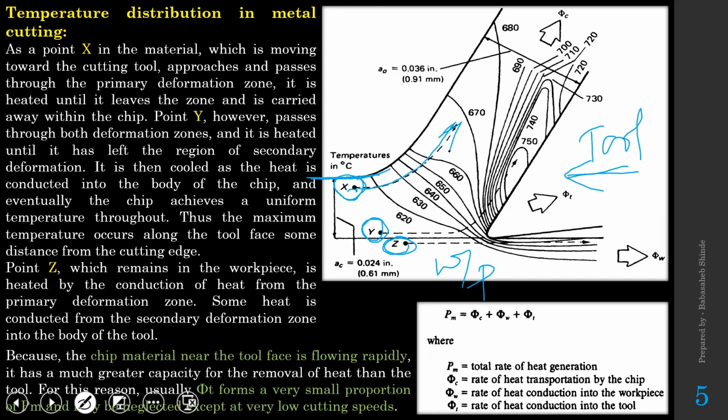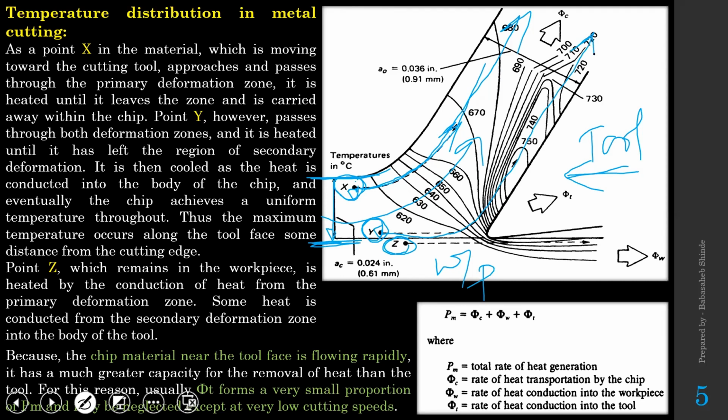Okay, this X point will pass along this line and it will be separated from the workpiece. Okay, that is for X. Second point is Y, that is almost at the bottom of the uncut chip thickness. This much material is to be removed or gets converted into chip, and X is at the top whereas Y is at the bottom, but that is also going to be part of the chip, so it will follow this path.